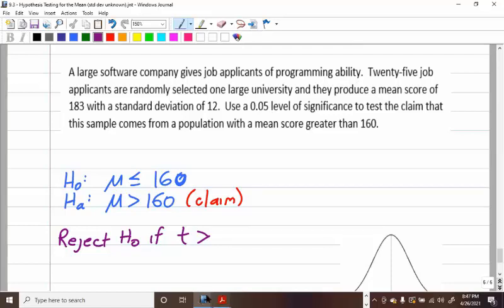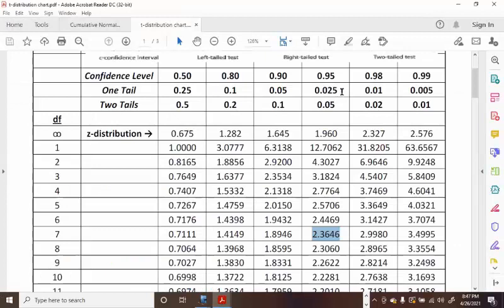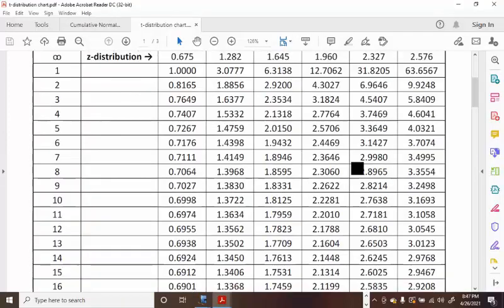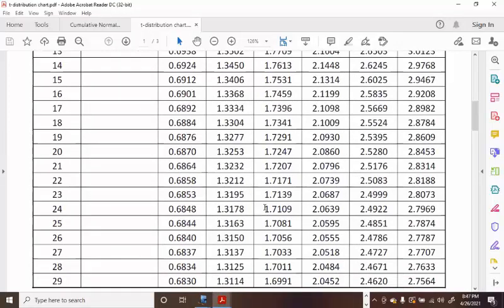So it's 24 degrees of freedom. So third column, 0.05. 24 degrees of freedom. How about 1.709? Which I'll just call 1.711.